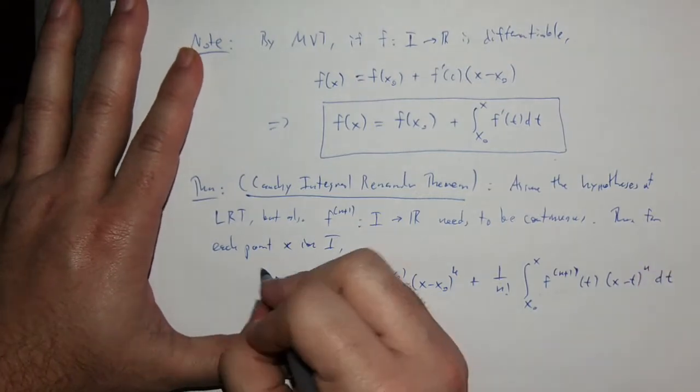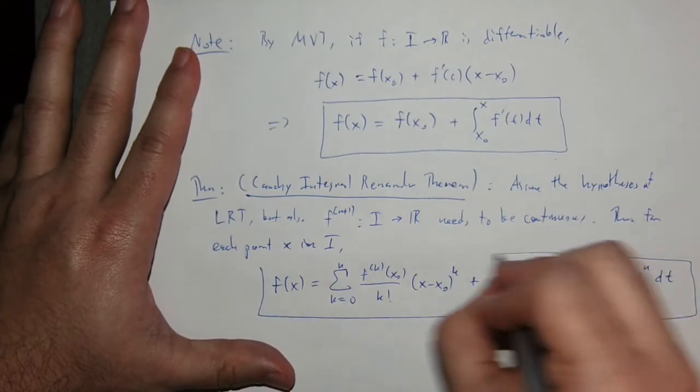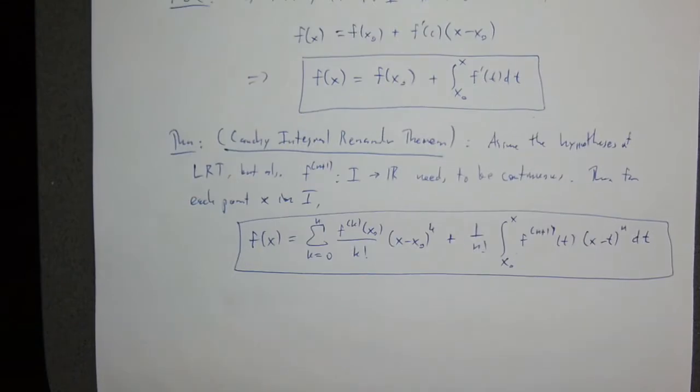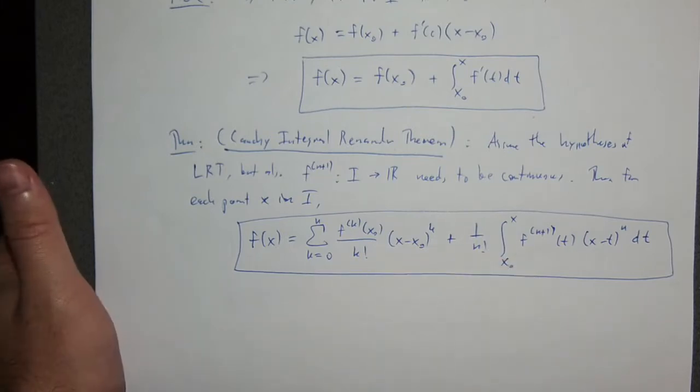So this might look like a funky expression at first, but if you think about it for a second, this really is some kind of weird integral form for the remainder, right?